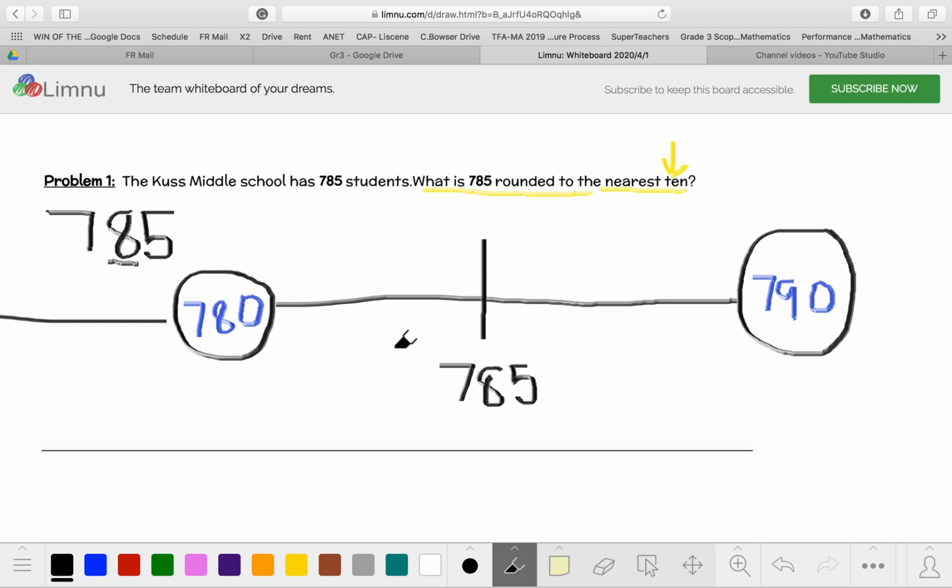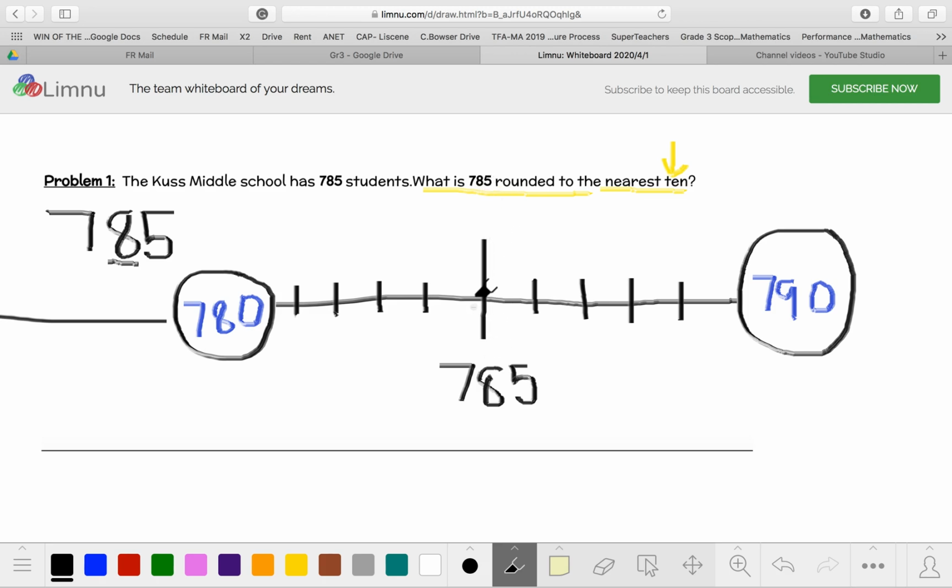I could also count up by ones just to check my work. 780, 781, 782, 783, 784, 785, 786, 787, 788, 789, 790. So the number we're working with is 785.